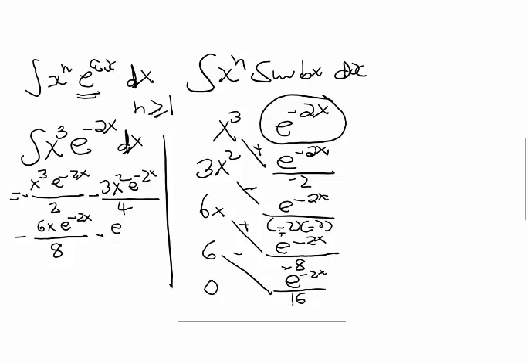So you get what? You get 6 times e to the negative 2x over 16, and then plus a constant. I'm not reducing all this, but that's how you would do this via this shortcut. So let me know if you have any questions on this.